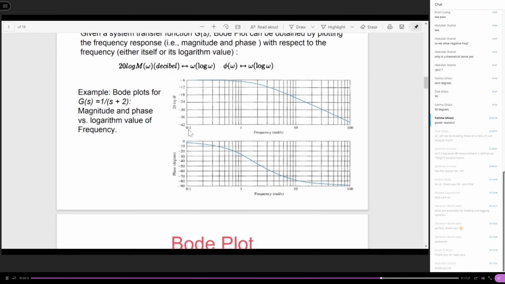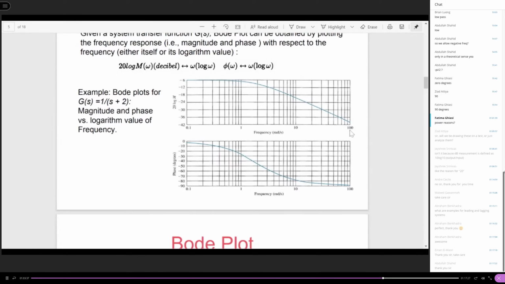So you can see here, this represents 0.1. The real value is 0.1 radians per second, but on the logarithm scale, it's going to be -1. So this is 0, this is 1, and this is 2, for 1, 10, and 100.